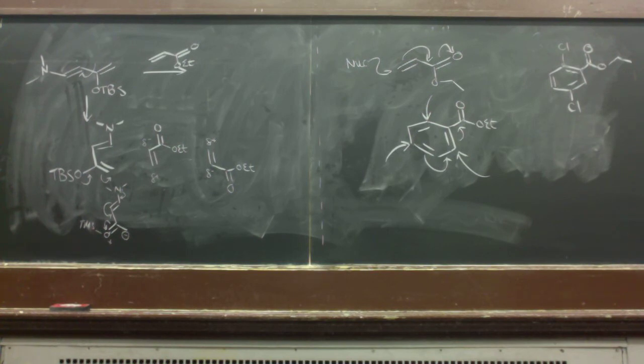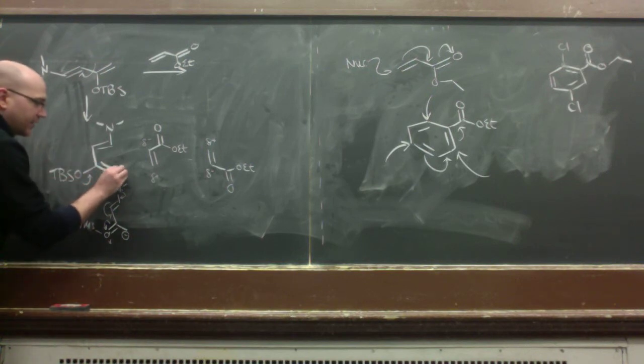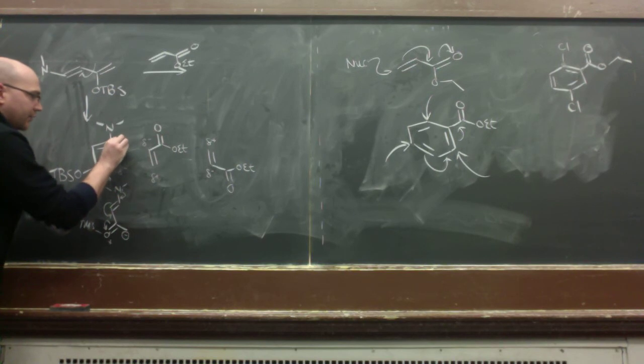So you effectively have a couple of resonance forms here where the nitrogen and oxygen can both help share this charged system. So certainly in this case, you're going to have a delta minus here and a delta positive here.